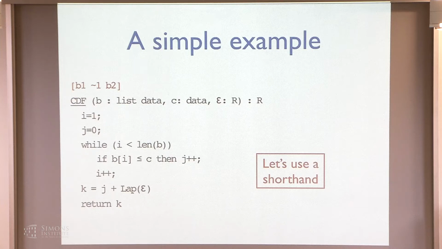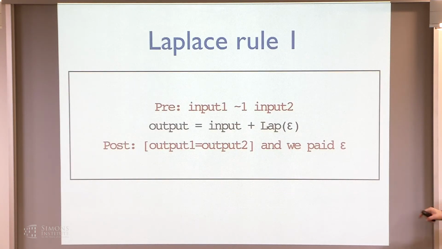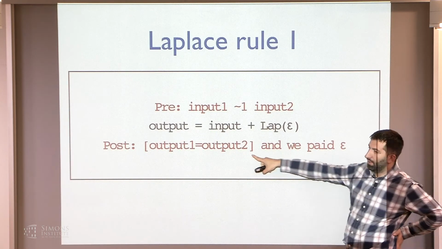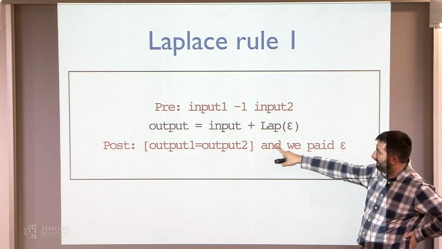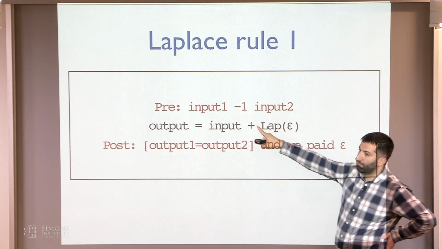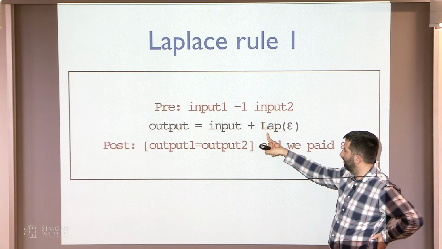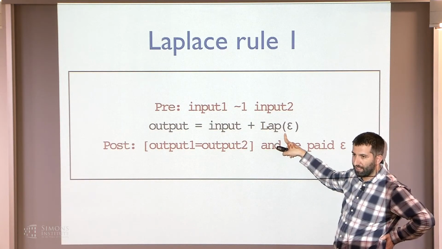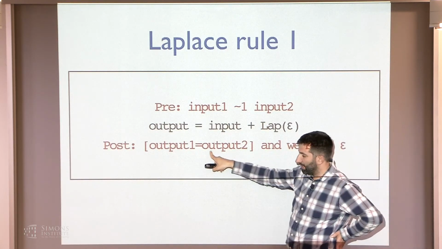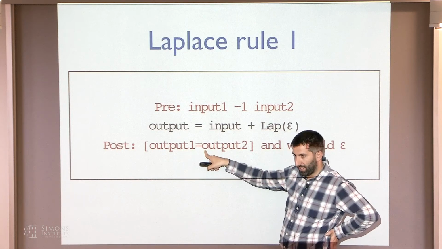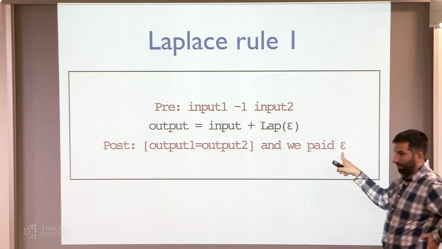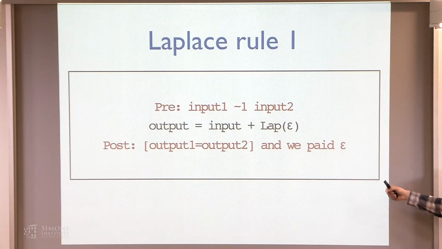I was saying that if we start with two inputs that are adjacent and we add Laplace of 1 over epsilon, then we can show the equivalence relation by paying epsilon. It means you look at the same value and they are epsilon indistinguishable.